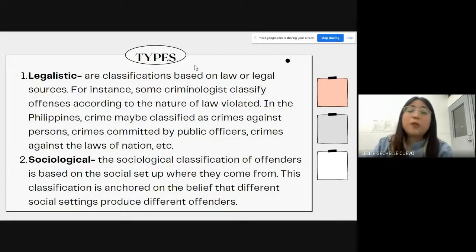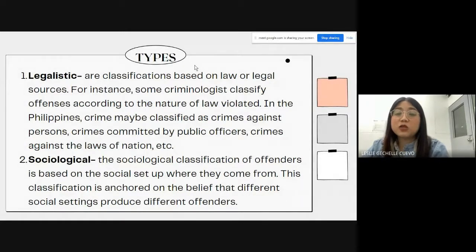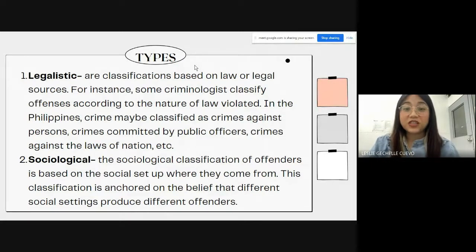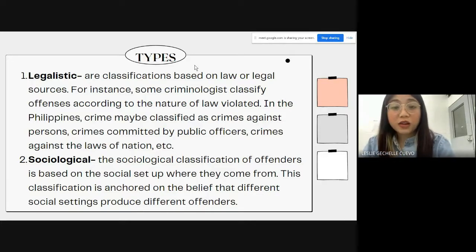Then number 2 is sociological. The sociological classification of offenders is based on the social setup where they came from. This classification is anchored on the belief that different social settings produce different offenders. Siyempre, di ba? Iba ang uri ng mga kriminal sa isang city at iba rin ang uri ng mga kriminal sa isang rural na lugar.